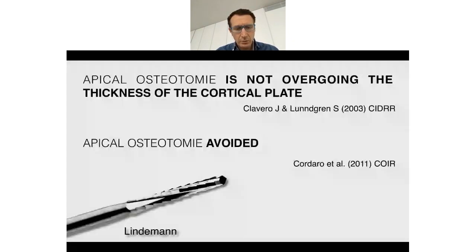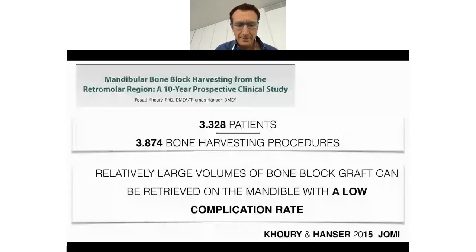And we need to remember that many papers, for example, using a Lindemann bur, underline not overgoing the thickness of the cortical plate in that area, or avoid the apical osteotomy in that area, or, like suggested by Khoury, not to go deeper than 2 millimeters. But remember, 2 millimeters could be, in some cases, 1/4 of the cases, also too deep.